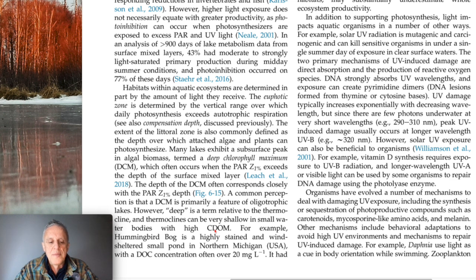A common perception is that a DCM is primarily a feature of oligotrophic lakes. However, deep is a term relative to the thermocline, and thermoclines can be very shallow in small water bodies with high CDOM. For example, Hummingbird Bog is a highly stained and wind-sheltered small pond in northern Michigan, with a DOC concentration often over 20 milligrams per liter.